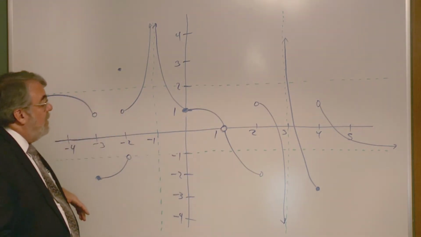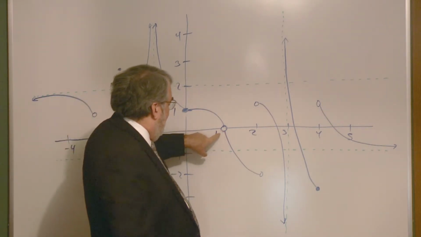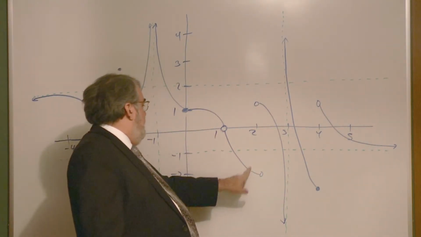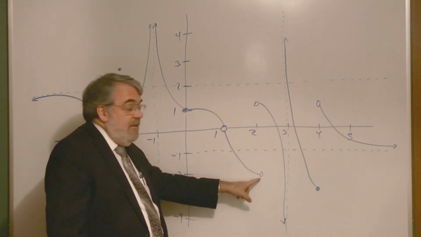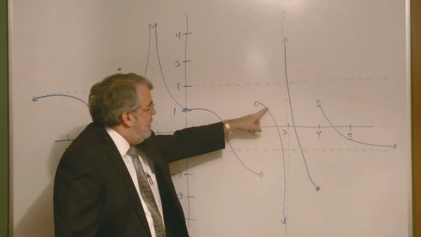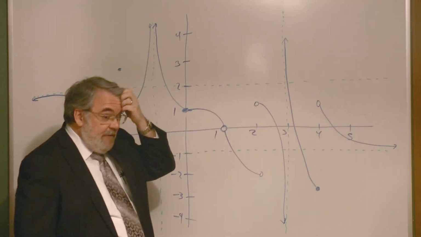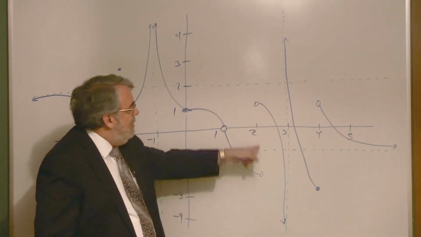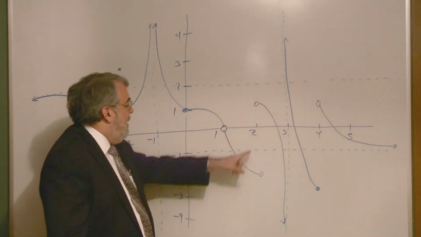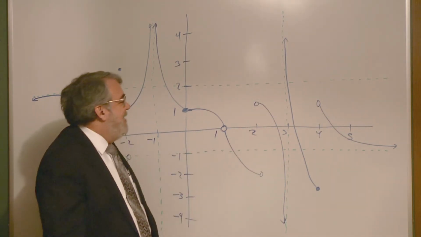So this is a removable discontinuity. And over here, of course, the limit as x approaches 2 from the left side is going to be -2. From the right side, that limit is going to be +1. But the value of the function does not exist. We don't have a point for x equal to 2, so it's undefined at 2.